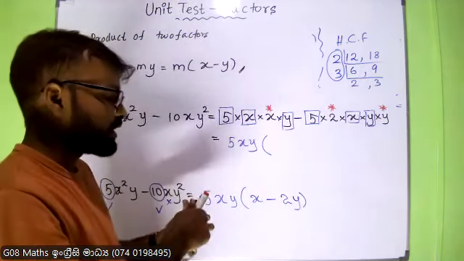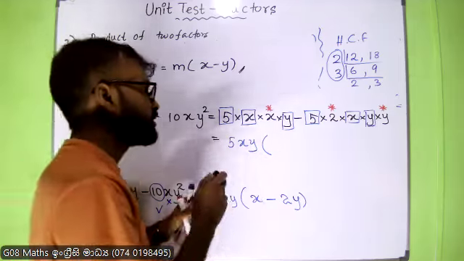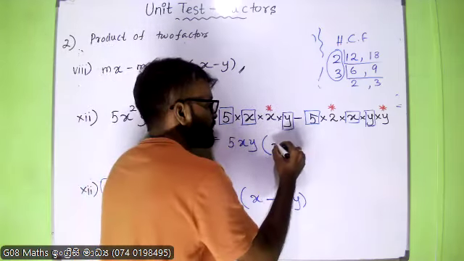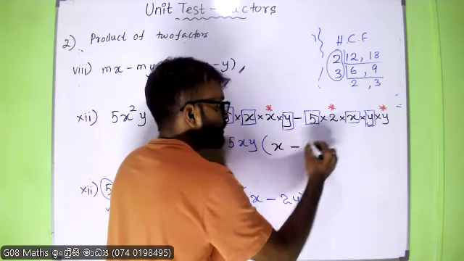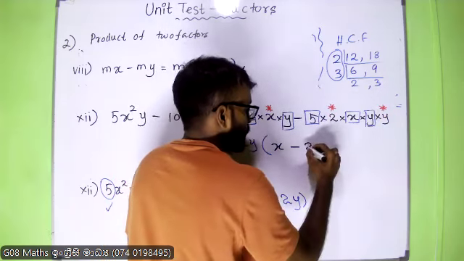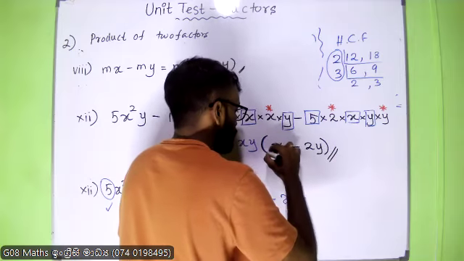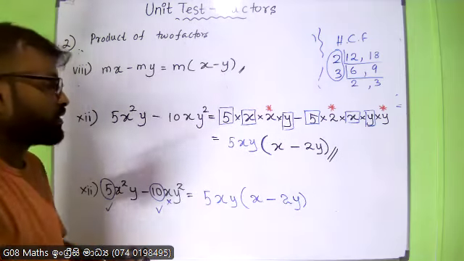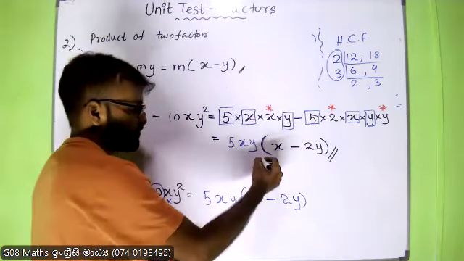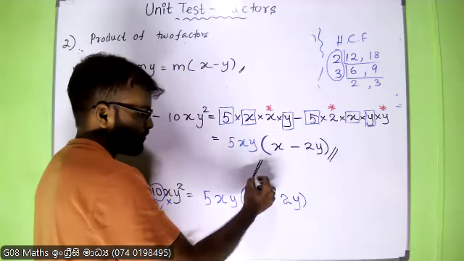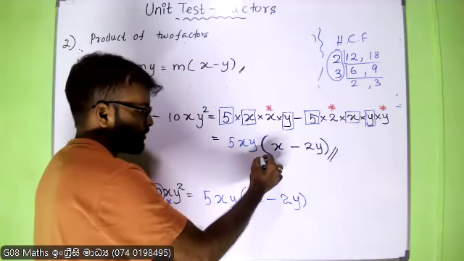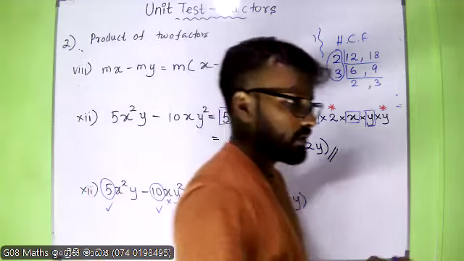Only those three terms are remaining. So then I am going to write them inside the bracket. X minus 2y. So same answers.